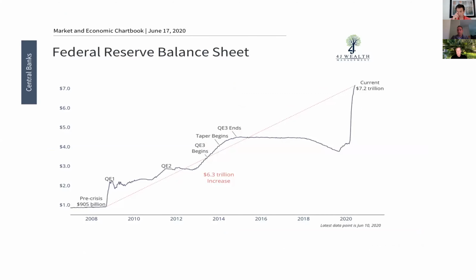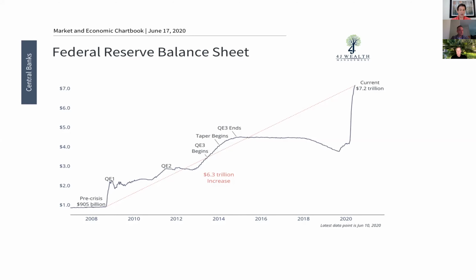Of course, the consequence of that is the Federal Reserve's balance sheet has ballooned. Going back to 2008, at the time what seemed unprecedented, QE1, you can see, the Fed increased its balance sheet by a little over $1 trillion. The quantitative easing continued for about 8 years until QE3 ended around 2015.